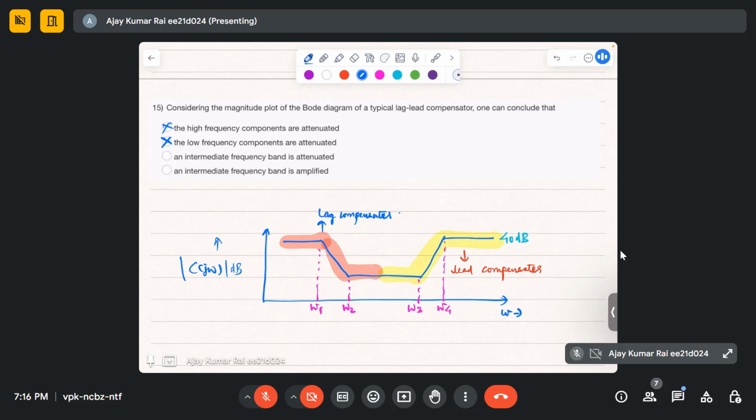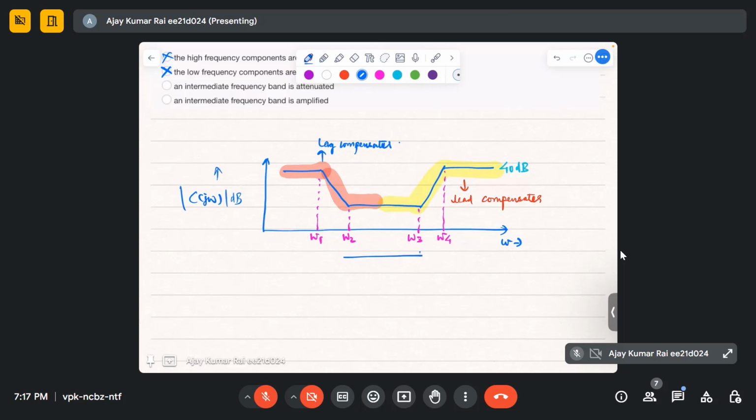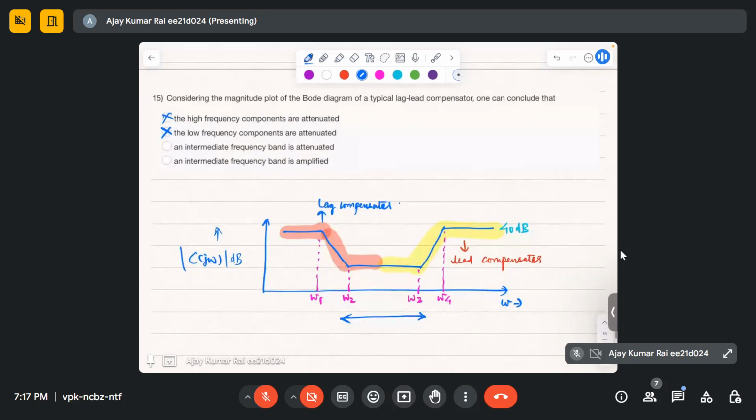Third statement: intermediate frequency band is attenuated. You can see the intermediate frequency band is this band. You can see the magnitude is lower, right? So let me just say this is equal to some minus 10 dB.